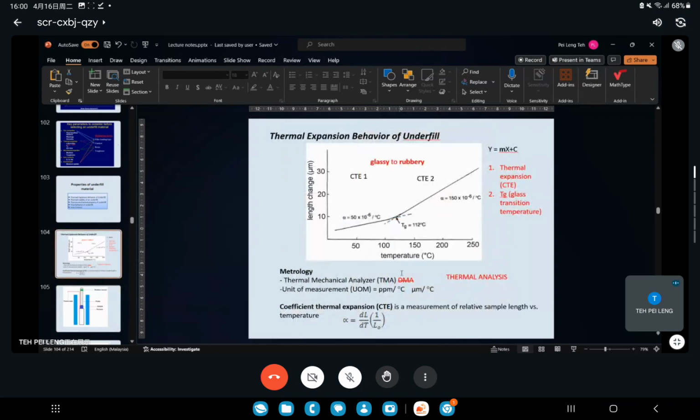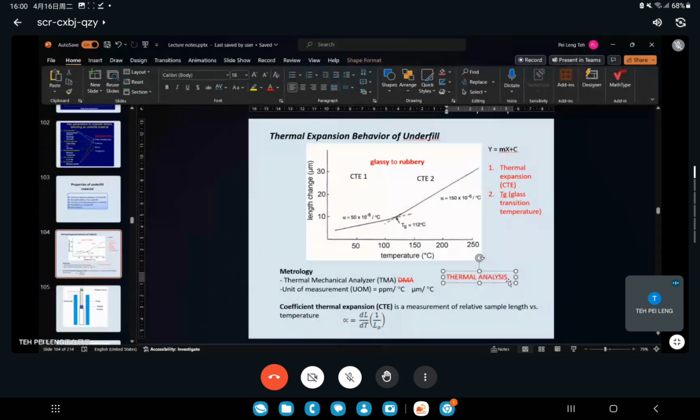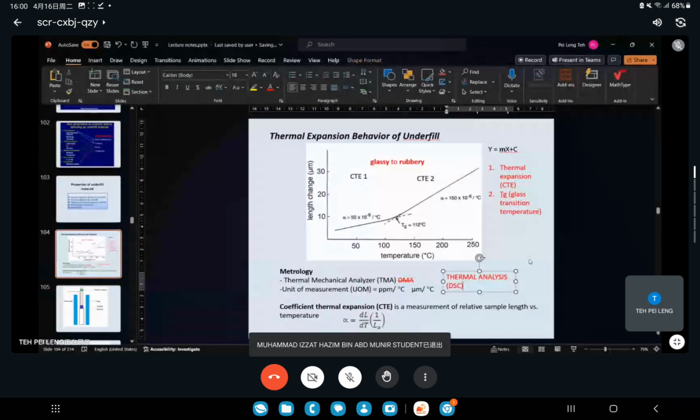But if thermal analysis, most of the students give me what? DSC. I'm not confident enough to research DSC. But read the question carefully. What is the question asking you?